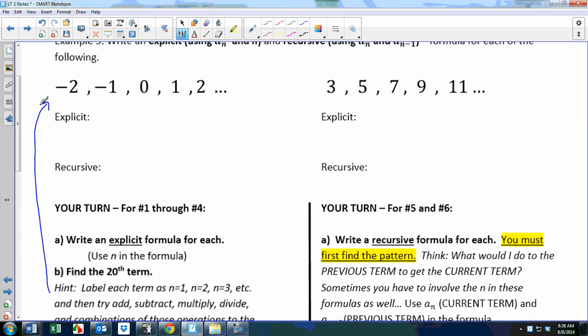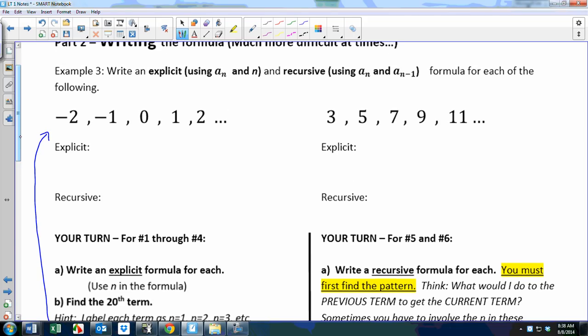All right, first, explicit. When you're writing an explicit, you are going to end up with a formula that has a sub n and an n in it. So the first step should be put your n equals 1, n equals 2, n equals 3, n equals 4, and n equals 5 above the terms that are there.